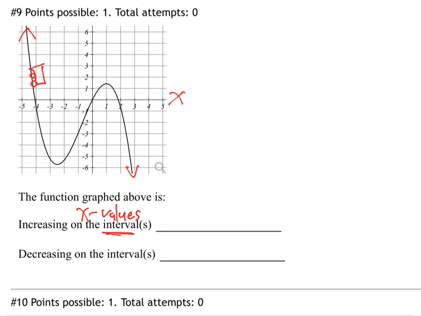Okay, so therefore, you're going down all the way to there, huh? So what x value does that look like it is? So I'm doing the very bottom here. I'm going down all the way to there, and then after that I'm going up all the way to this peak.